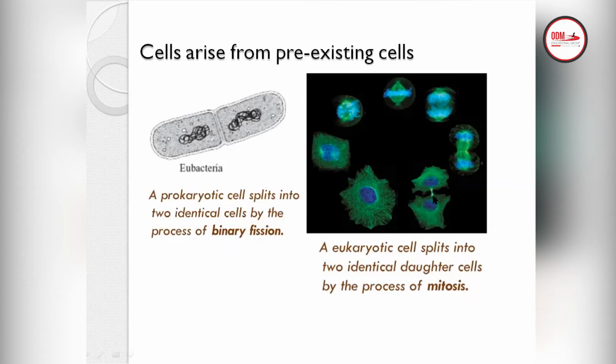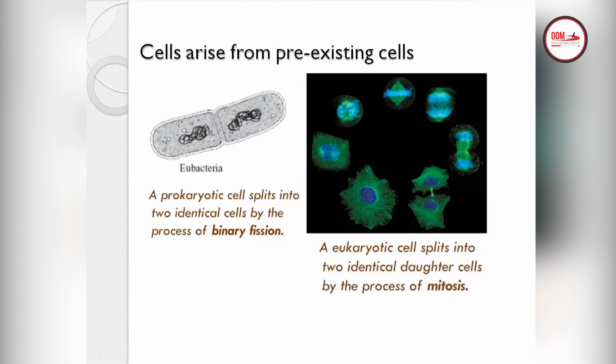But in case of eukaryotes, mostly they are composed of somatic cells which make up their body structure. So they undergo mitosis, in which again the cell splits into two identical daughter cells, and this process is called mitosis.